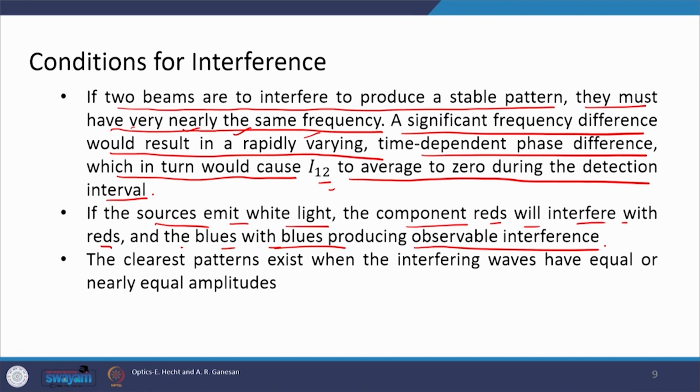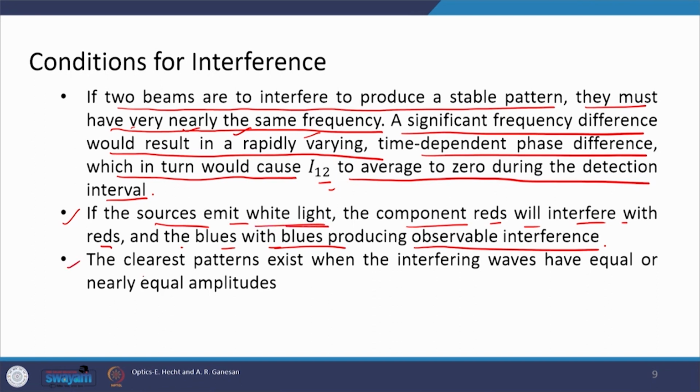Whenever we talk about interference, we always say the source must be a coherent source, and the second criterion is that the phase difference between the interfering waves must be constant throughout. But here what we are claiming is that even with white light we will be able to observe interference fringes, and we will talk more about white light interference in forthcoming lectures.